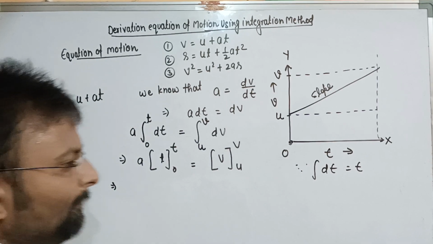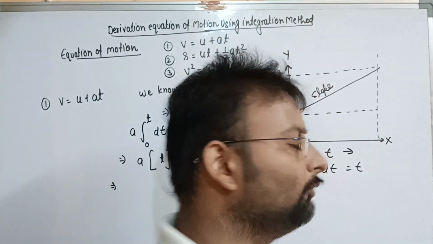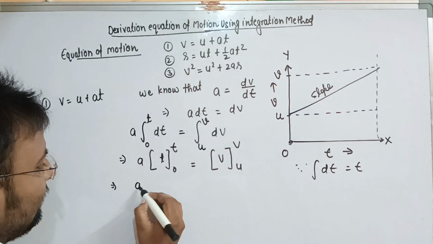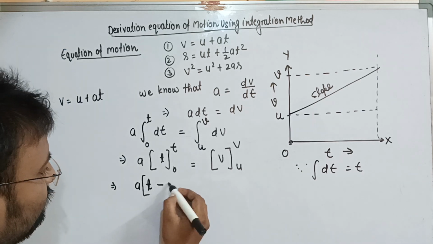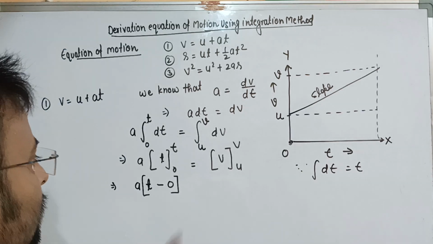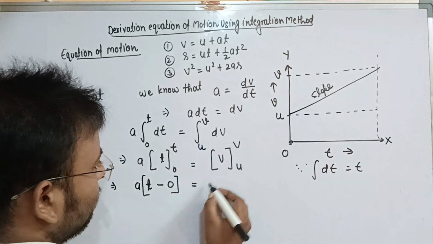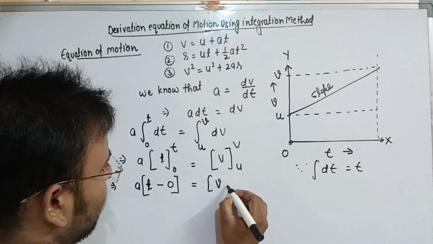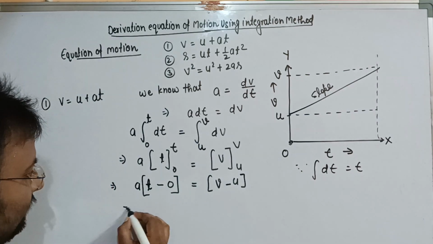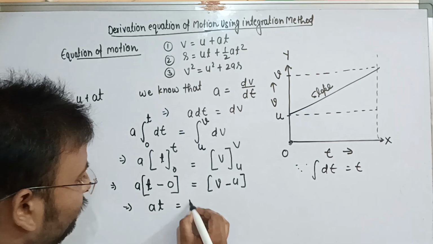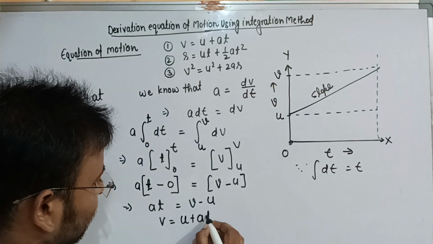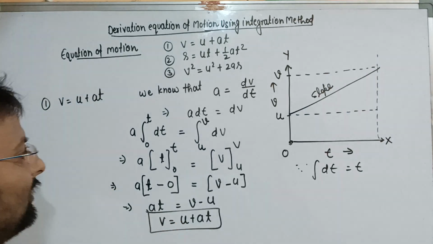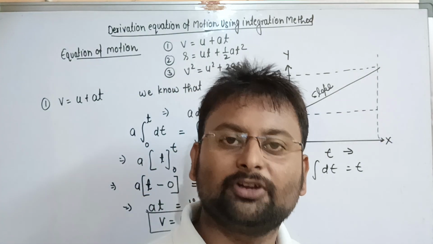Applying the upper limit minus the lower limit: the upper limit applied to t minus 0, and the upper limit v and lower limit u. Then at is equal to v minus u, and v is equal to u plus at. This is the first equation of motion in integration form.